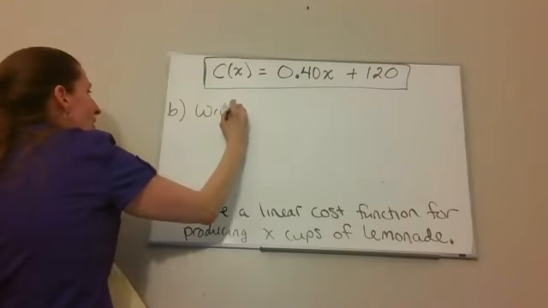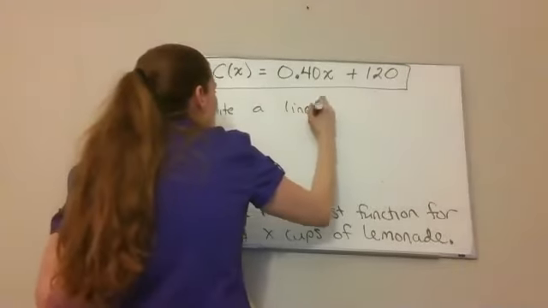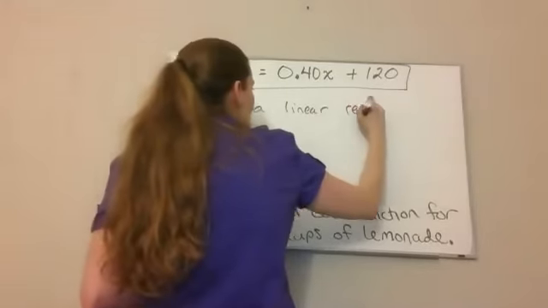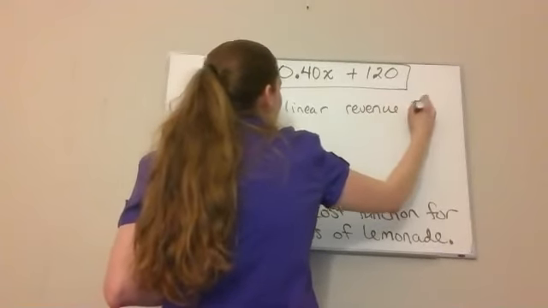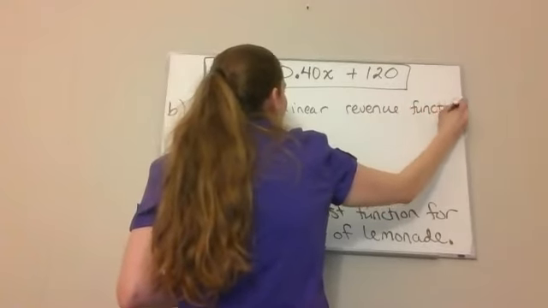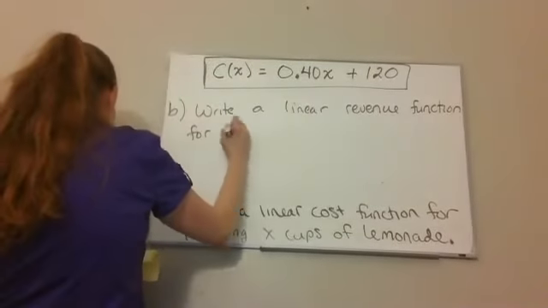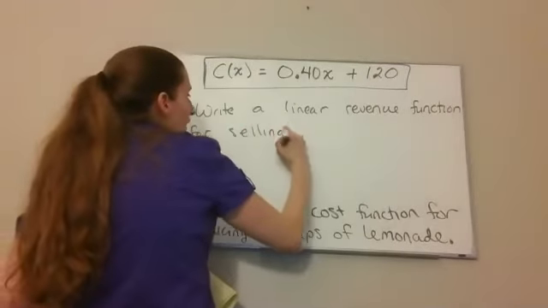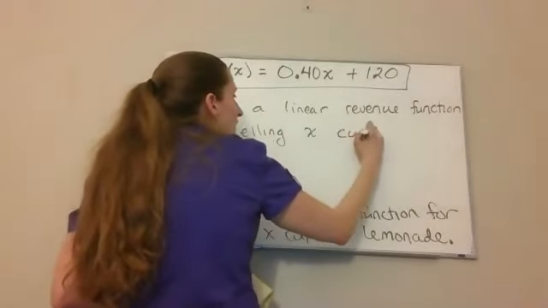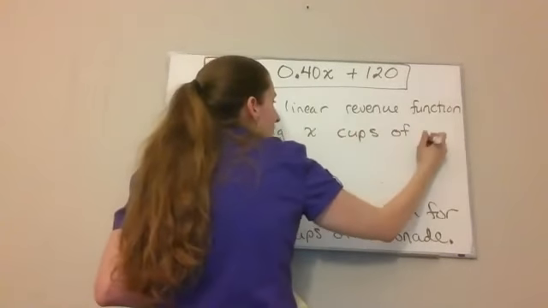I'm sure you can guess part B, write a linear revenue function for selling X cups of lemonade.